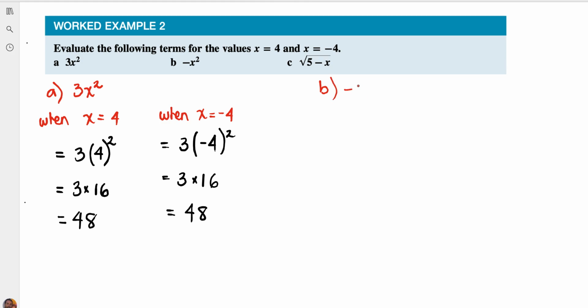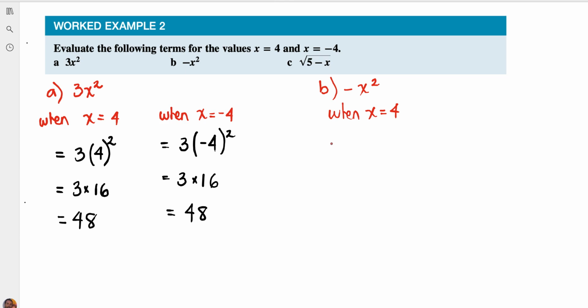So negative x squared when x is equal to 4. So in this case, notice that the negative is outside the x. So it's like I had negative 1 times x to the power of 2. And what do I have to do first? In BIDMAS, I have to do powers first, and then I multiply.